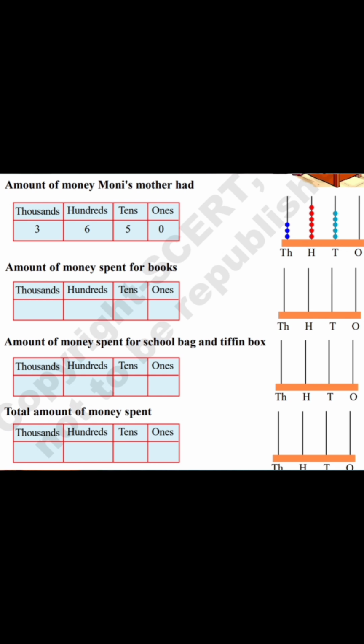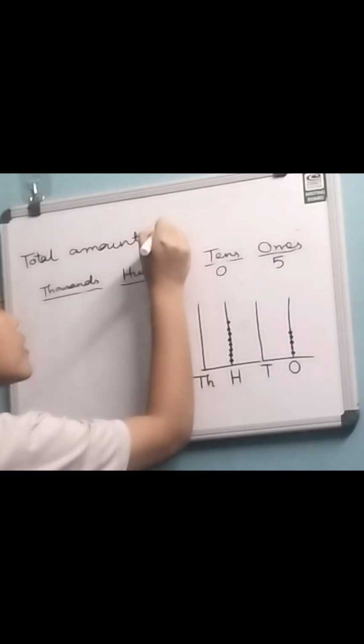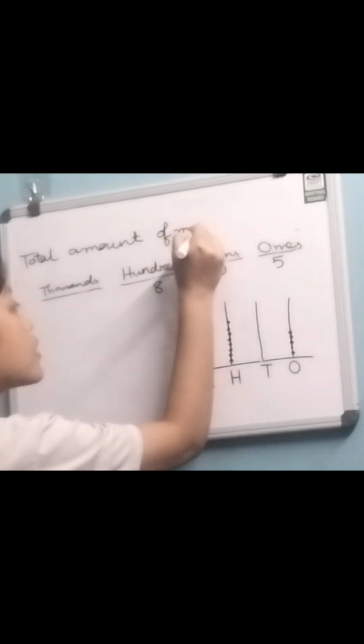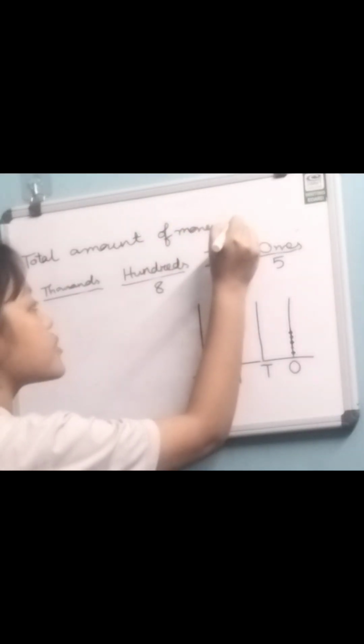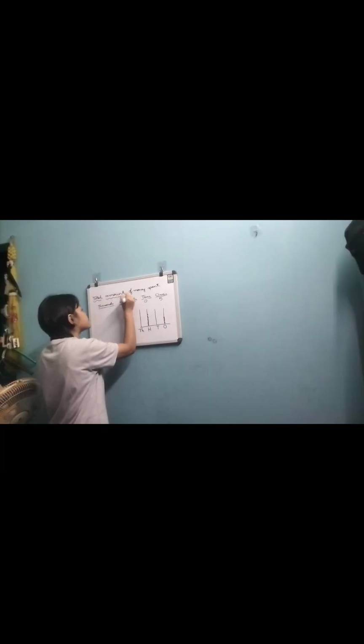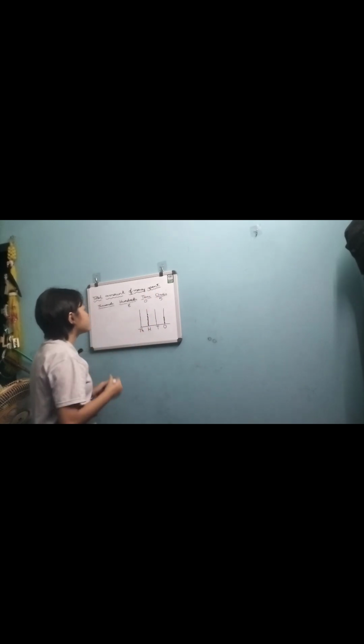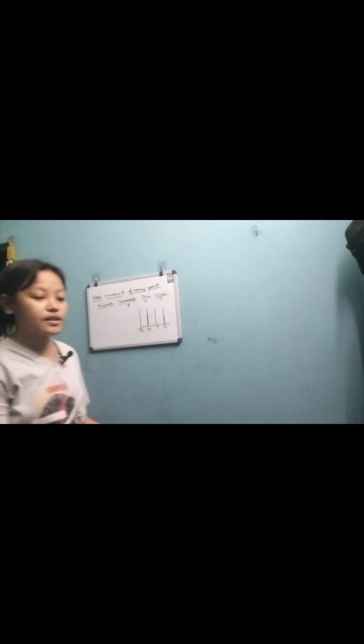So we have the question: total amount of money spent. To find this, we have to add everything she has bought, which is books, a tiffin box, and a school bag.